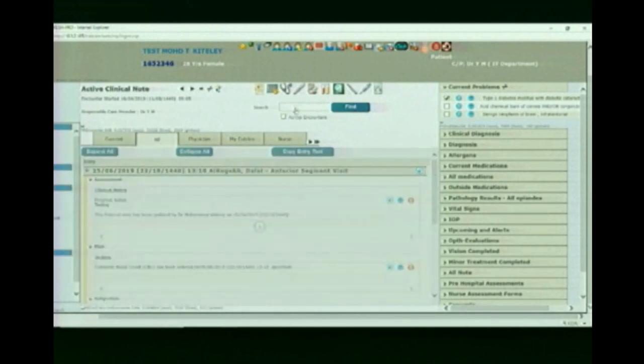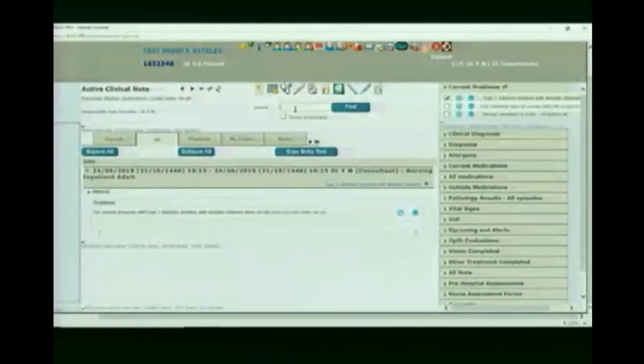If you would like to search for specific word, it's like Control F, but in smart way also. If I would like to search for specific word, just here it is, find.